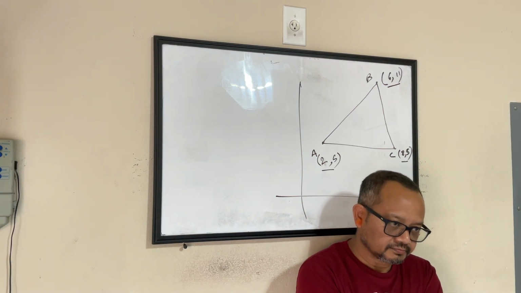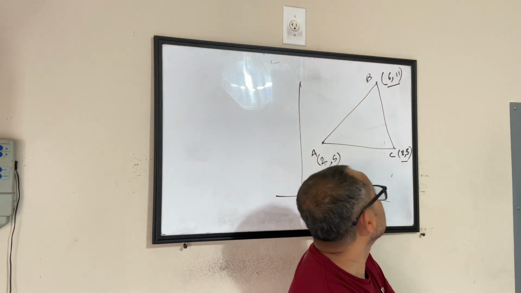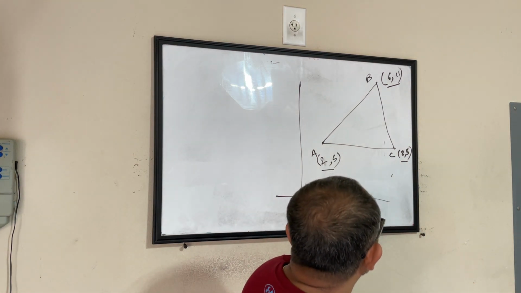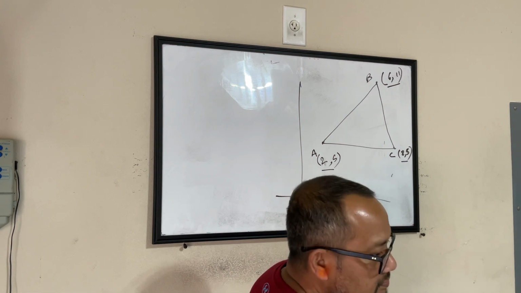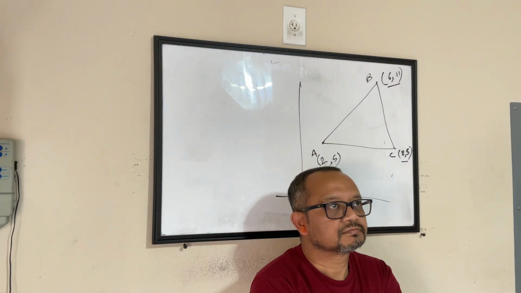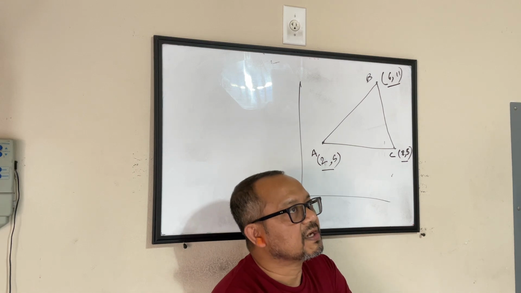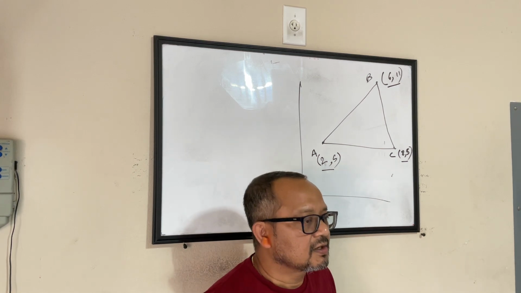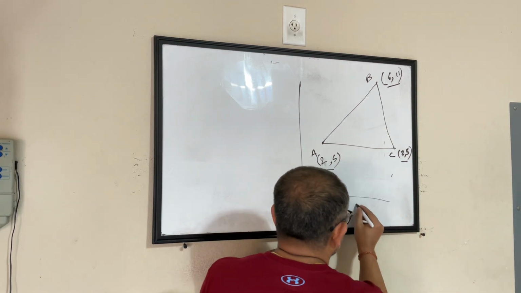So first you find out the A to B distance, and then find out B to C, and then C to A, and we add them all up, and then we divide by 2. But what will that give me? If I add all the lengths, so I have a triangle.